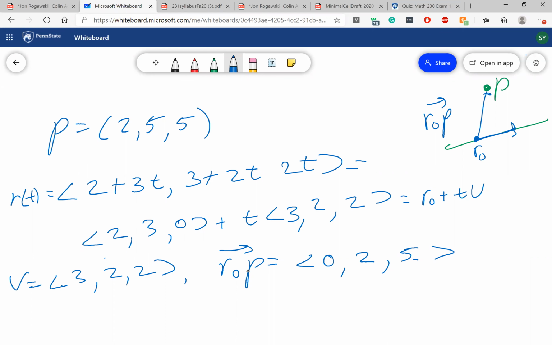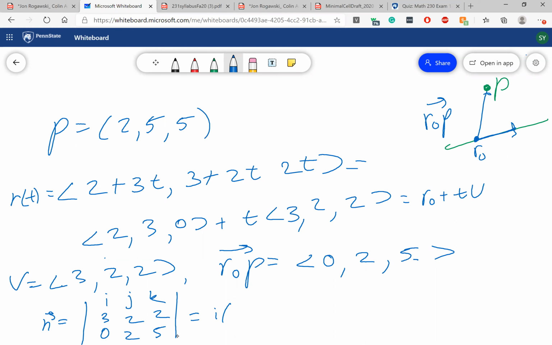Okay, so now let's take their cross product. So the normal vector is equal to the determinant of i, j, k, 3, 2, 2, 0, 2, 5.